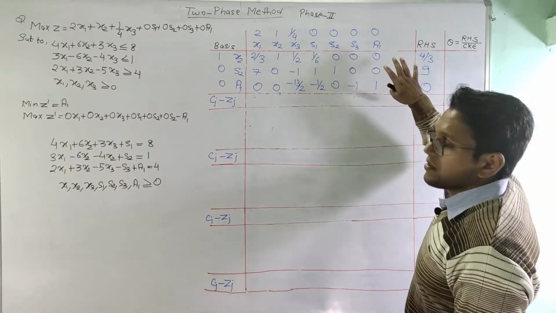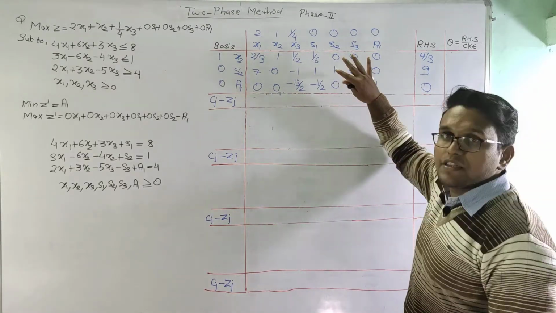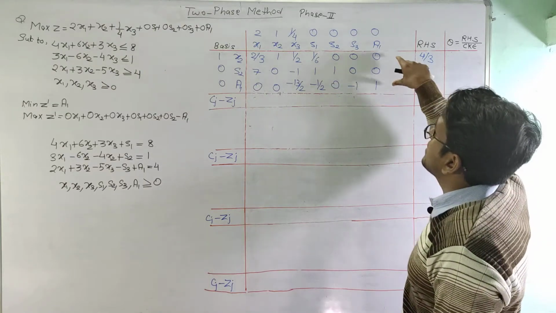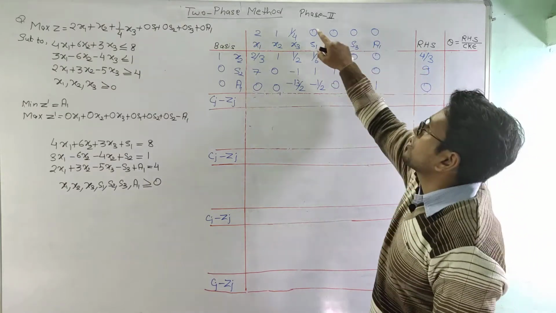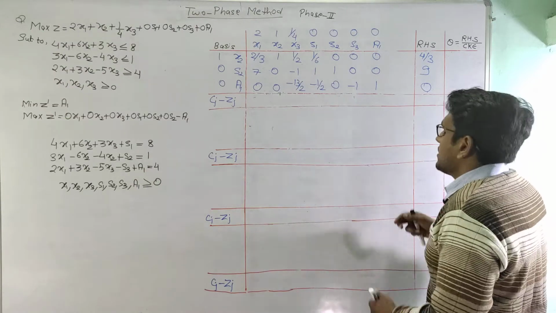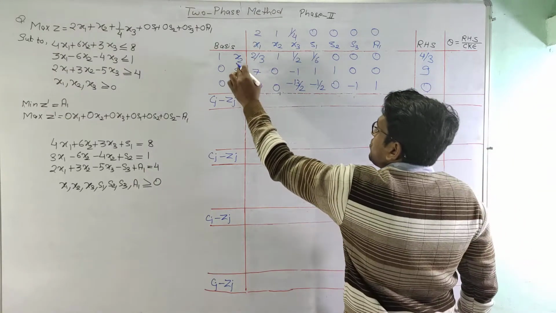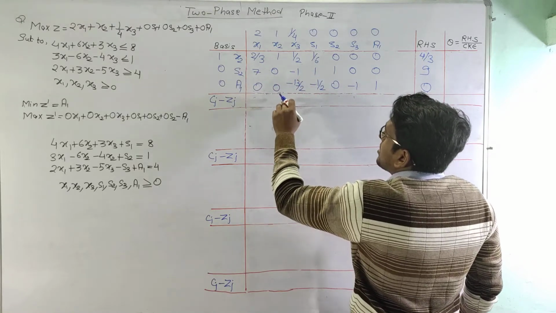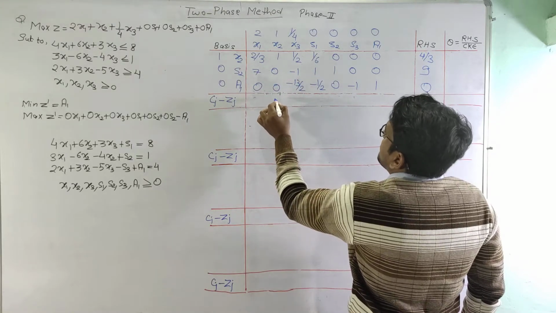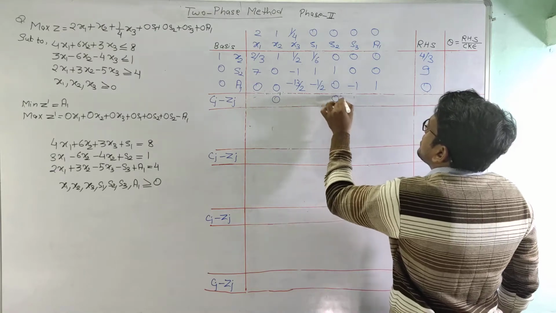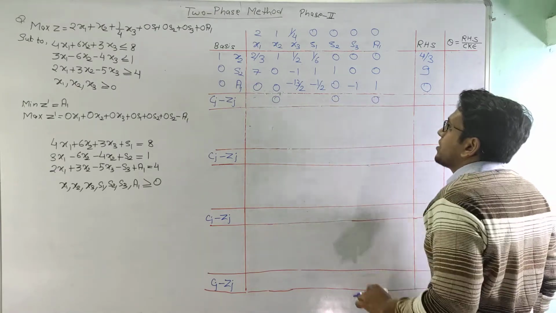So this was the final solution in phase 1, and we will take this as the starting solution for solving phase 2. In phase 2, let us calculate the values of Cj minus Zj, as x2, s2 and a1 are the basic variables. They have the value 0 in the Cj minus Zj row.